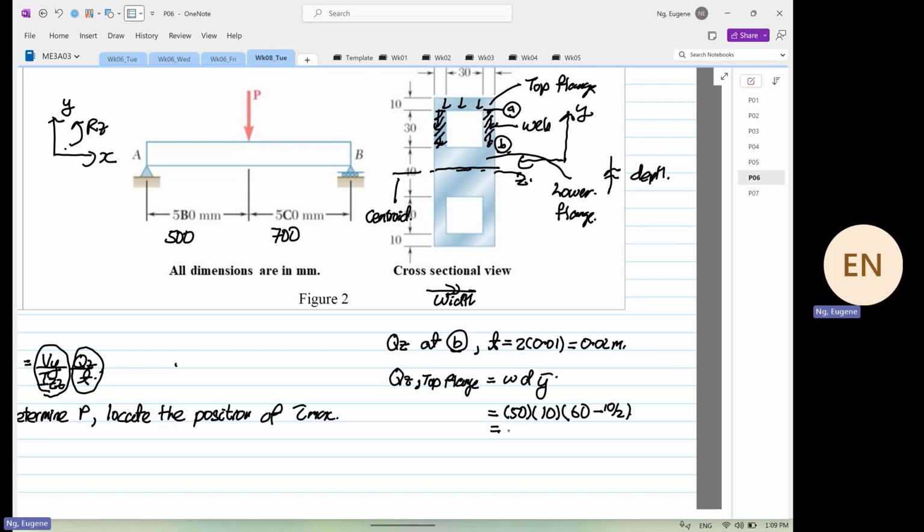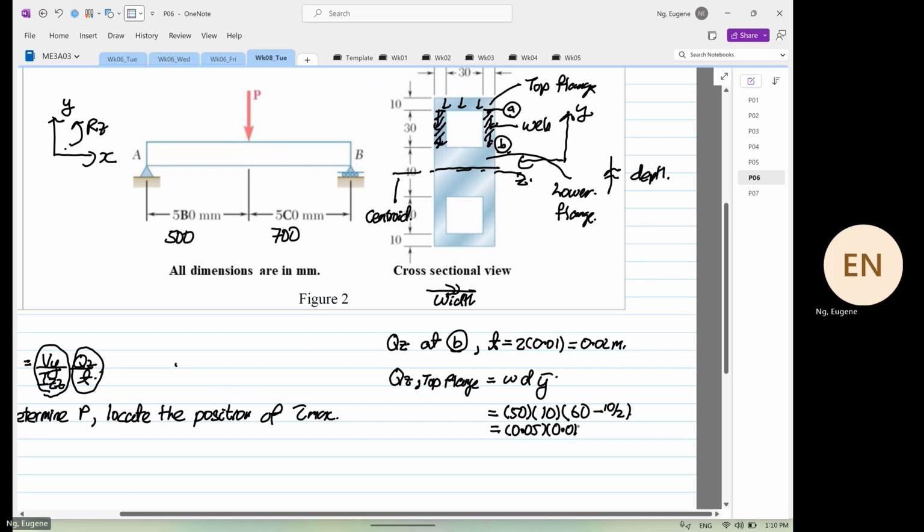I'm going to convert all to meters, okay? It's best to do all this in meters. I mean, you can convert later, but I don't want to confuse you with the converting. So this is equal to 0.06 minus 0.01 divided by 2.